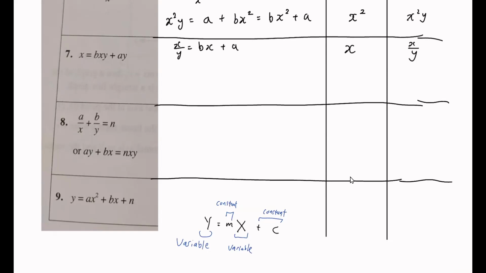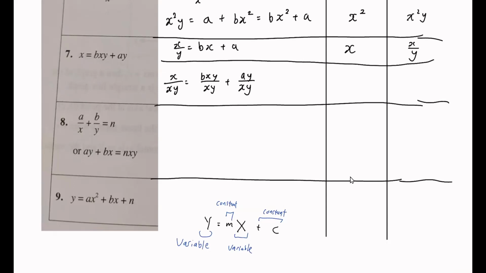That's another way, which is x over xy equals bxy over xy plus ay over xy. Maybe I should draw a line to separate the working. This is totally separate. Then what do you get? X and x cancel off. Y, y cancel off. Y, y cancel off. You're left with 1 over y equals b plus a over x.